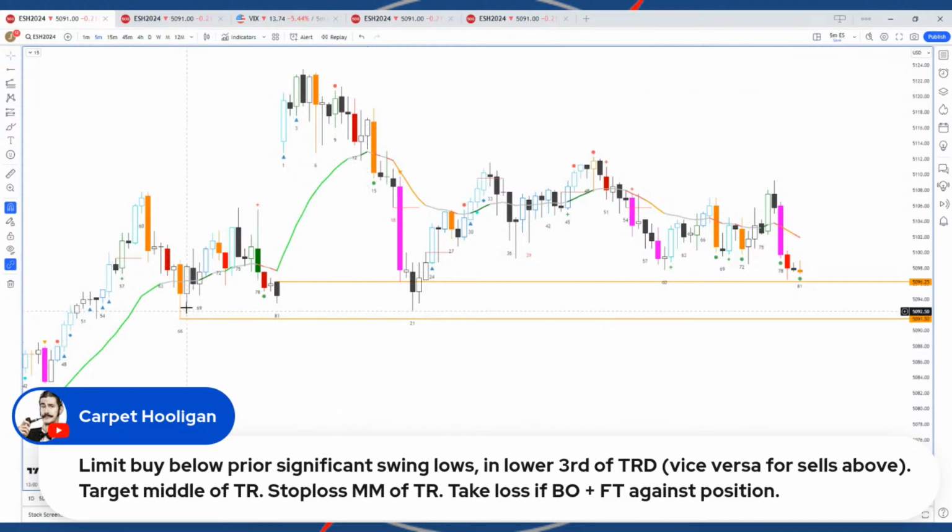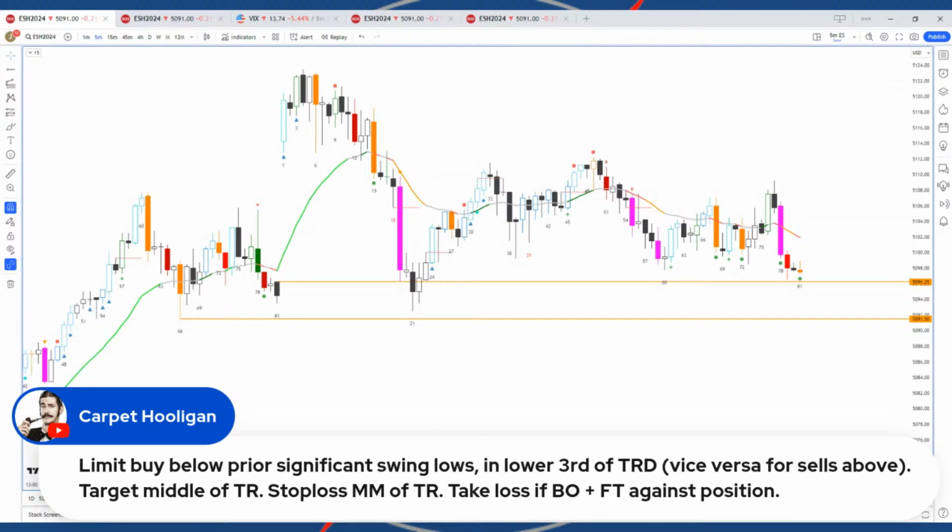So yeah, here are your previous major swing lows, buying here with the expectation that this is going to be a trading range day. It's actually similar to what we were talking about earlier with the sell climax into previous day support, major swing levels.